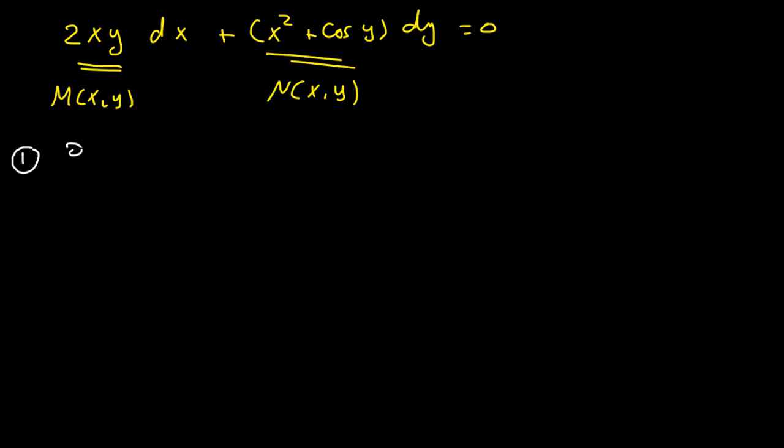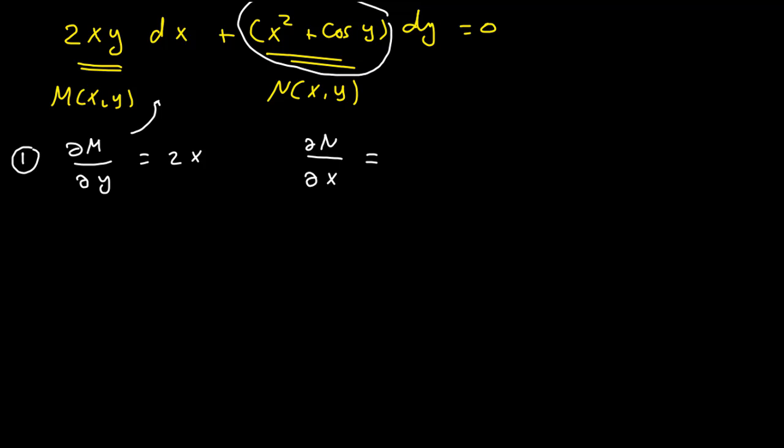To do this we find partial M by partial y, and in this case when we differentiate this term with respect to y, we will get 2x. And we find partial N by partial x, so we differentiate this term with respect to x, and we will get 2x, and when we differentiate cosine y with respect to x, we will get 0.